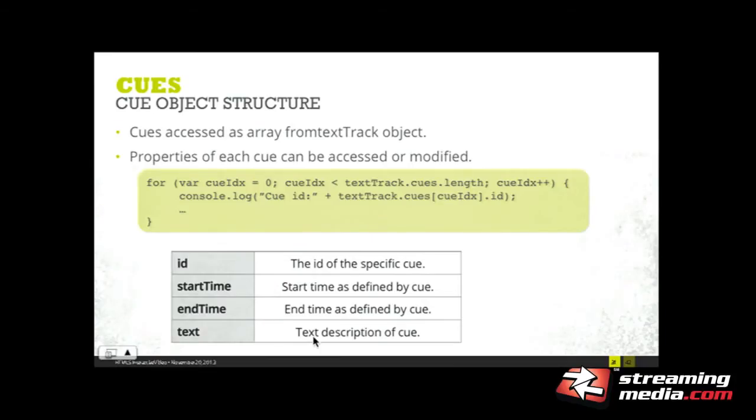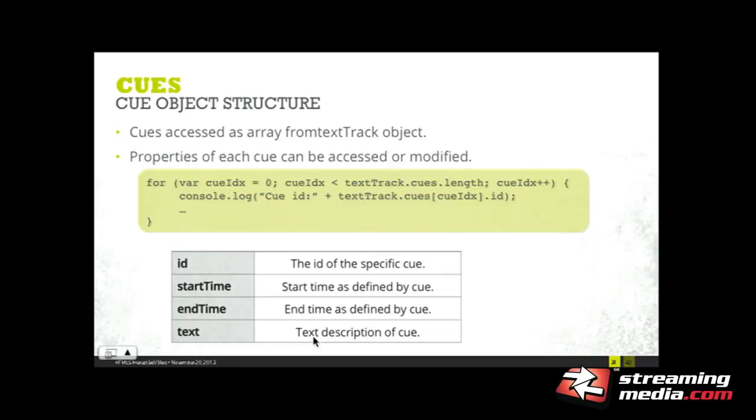So the cue object structure. We said there's an ID, a start time, an end time, and text. It's a pretty simple, flat structure. The nice thing is that the text track object we had on the video element, if we take that one step down, will give us an array of cues.